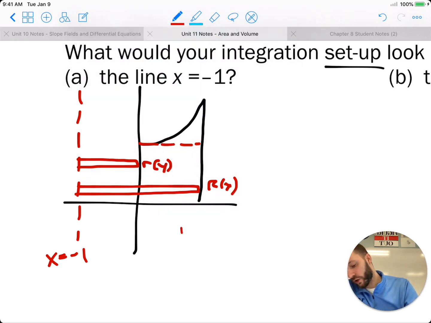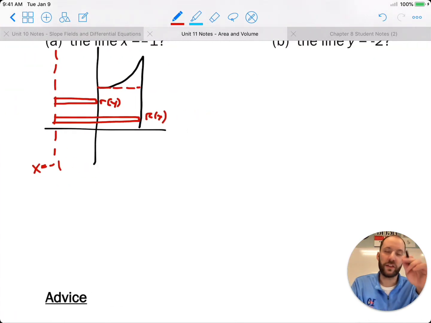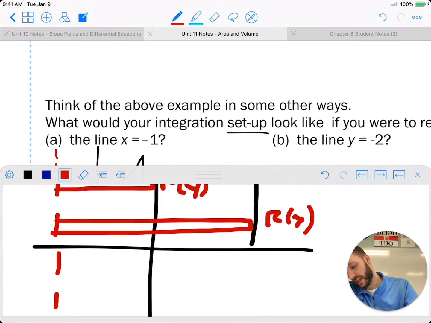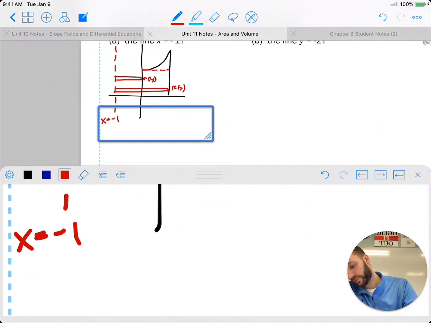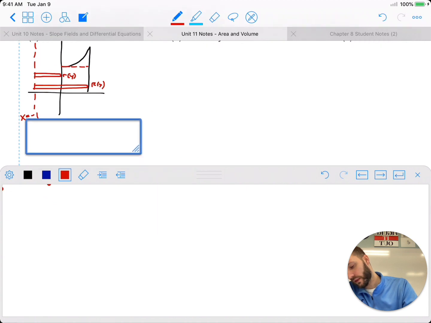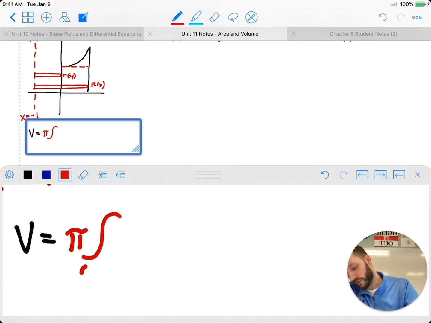Now these are all vertical lines, very easy to find their lengths. Let's bring this down. So our volume would equal pi from 0 to 1.